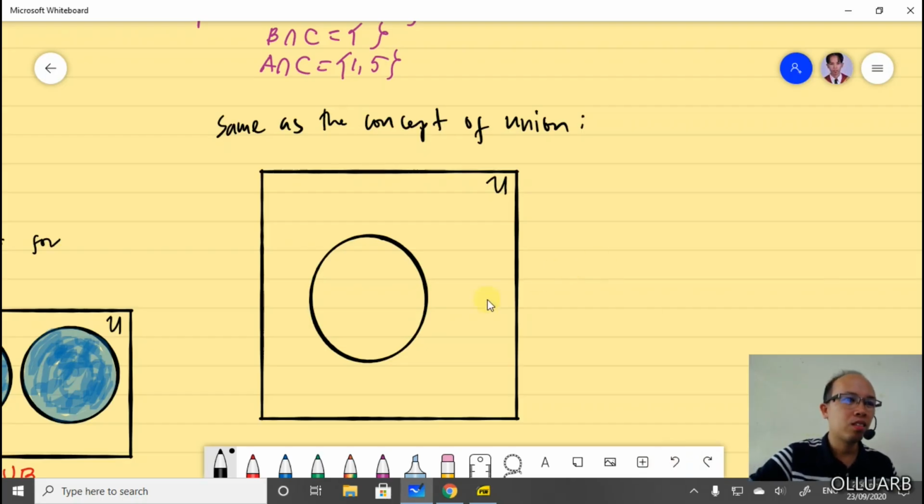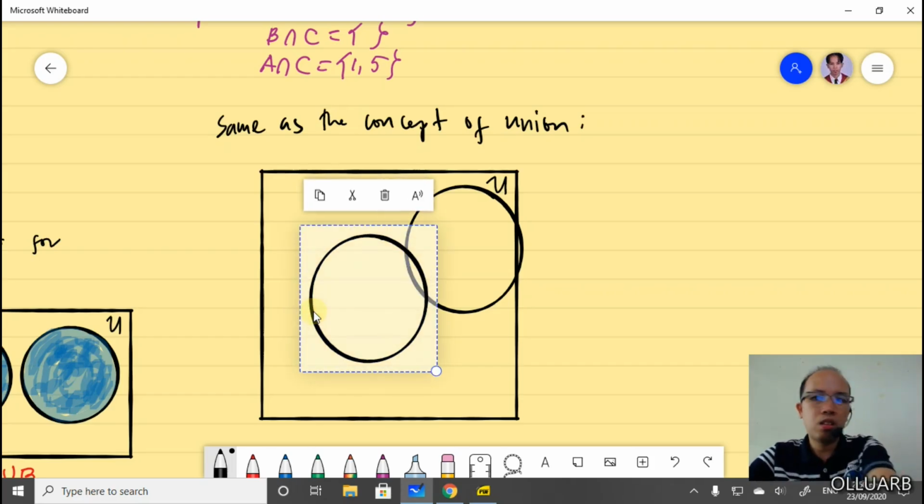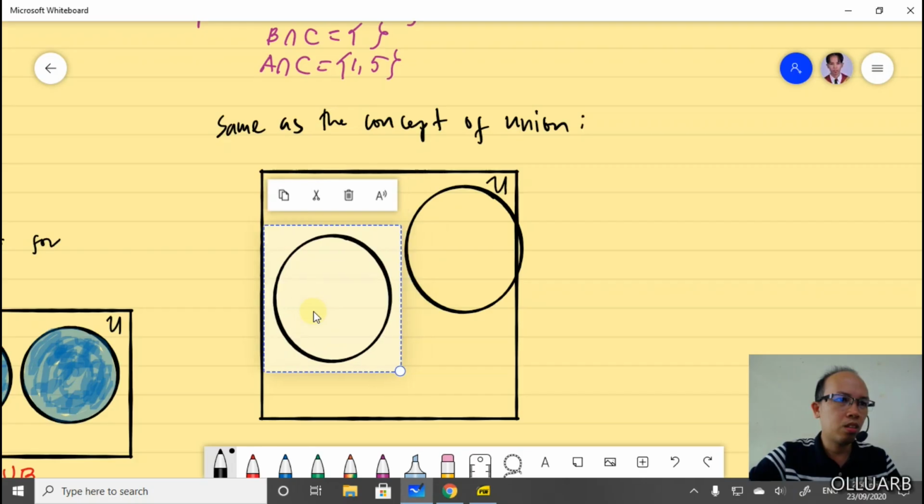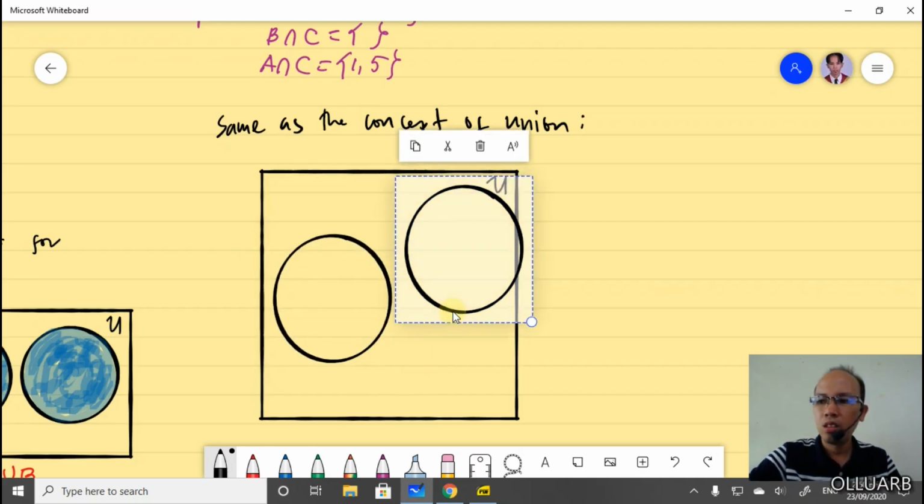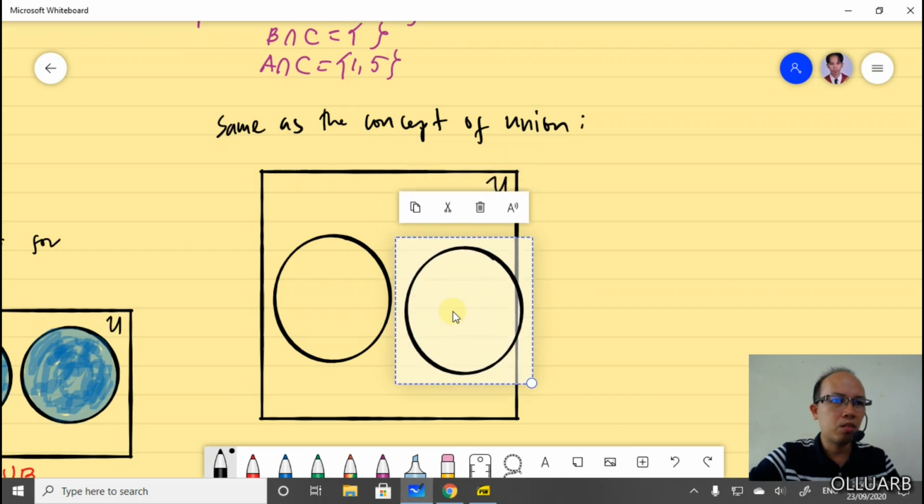Okay, then let's copy this. Copy and then paste. Let's move the object here, left side, and then the other one, let's try it.